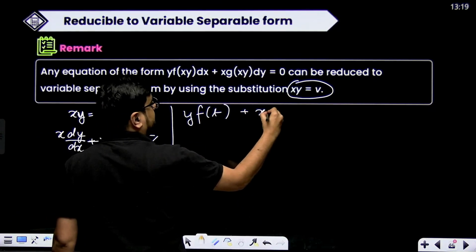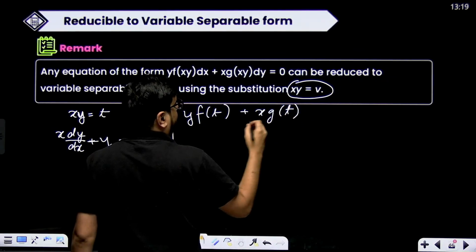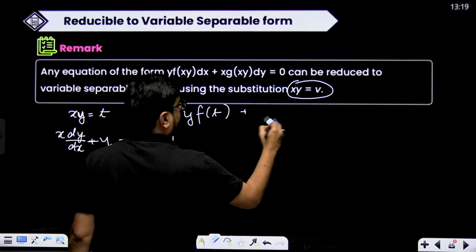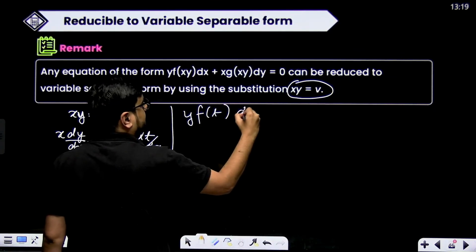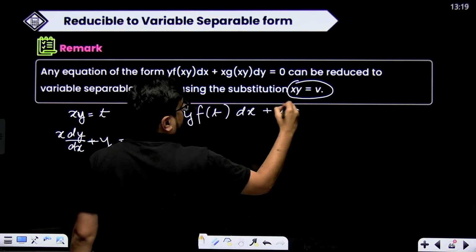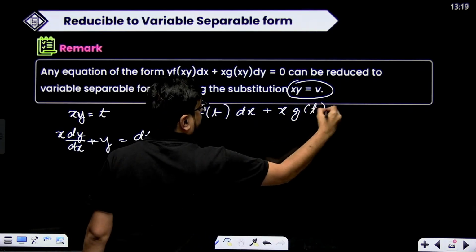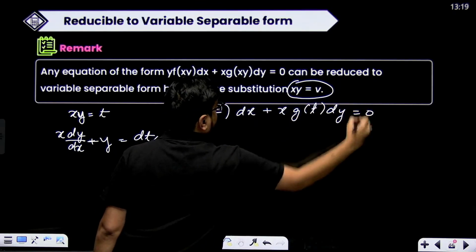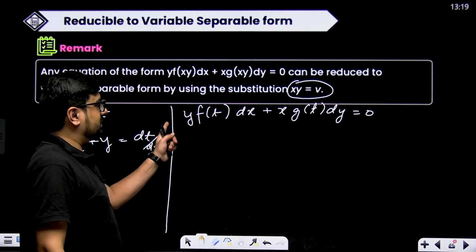So we get y f of t dx plus x g of t dy equal to 0. Correct? This is what we are going to have.